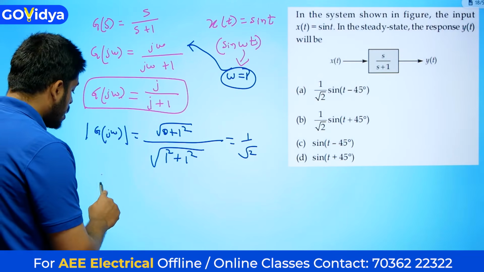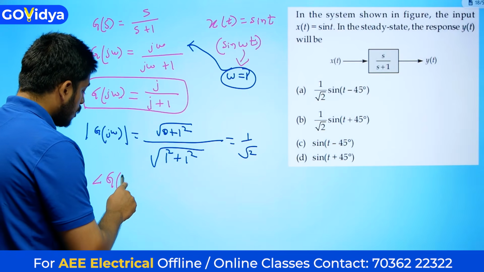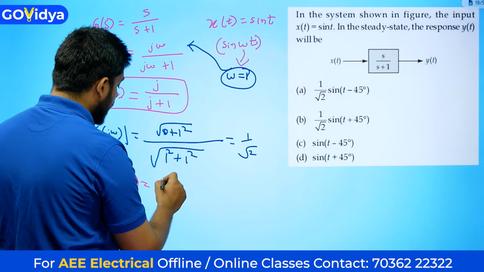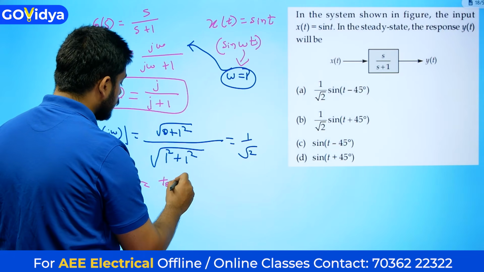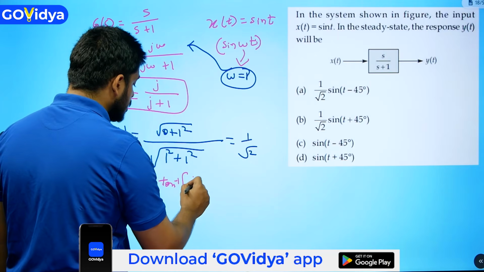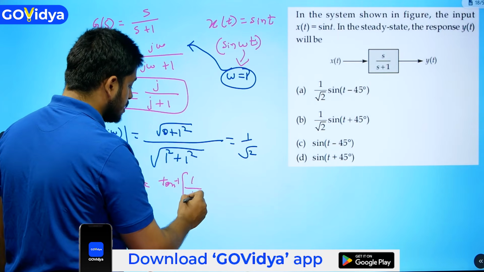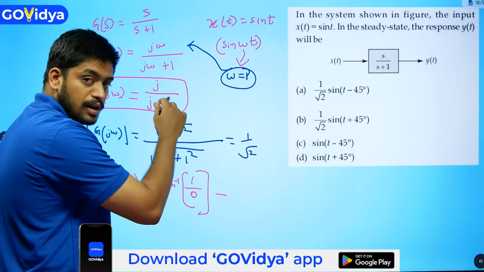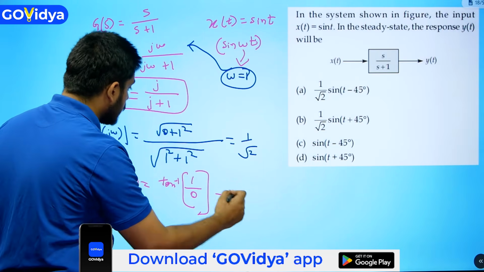What is my angle? Angle of g of j omega is, firstly, what is the angle here? Tan inverse of y by x. Y is the coefficient of the imaginary part, which is 1, and the real coefficient is 0. Minus, why minus? Because the denominator is moved to the numerator, so we get minus.